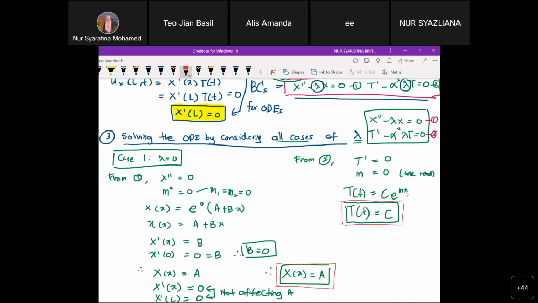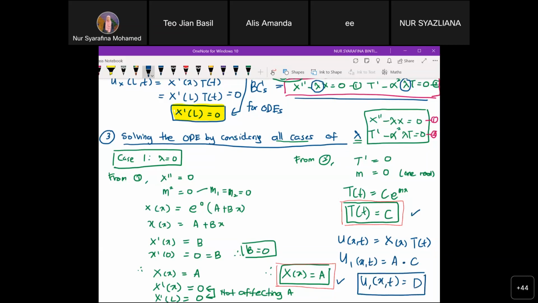And remember, our expected solution is u(x,t) equals X(x) T(t). So from the first case, u1(x,t), x is a, t is c. Both are constant, so we can have the first solution given by, let's say, another constant. Clear or not for the first case? Any question?